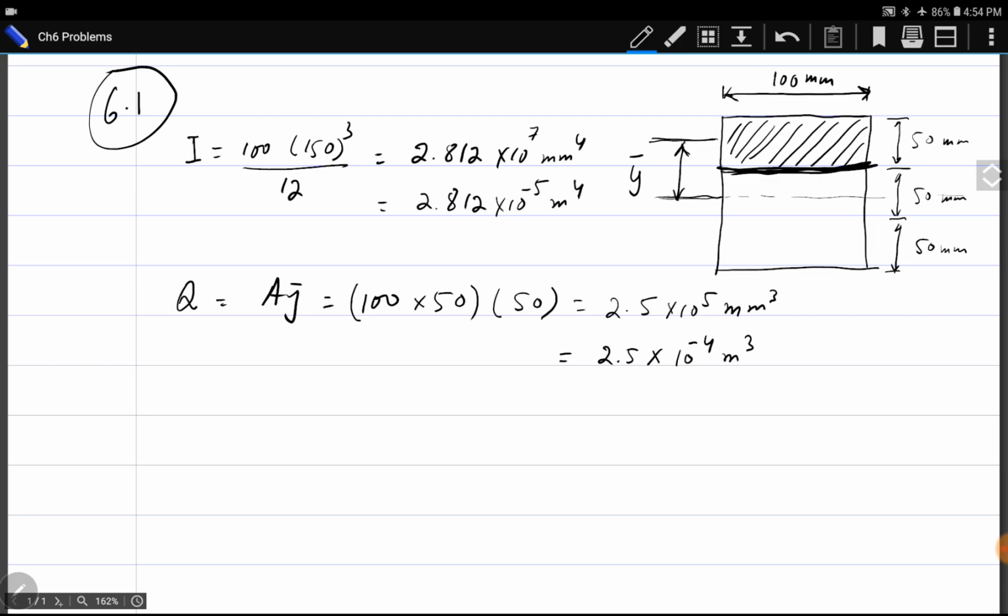Shear flow is equal to VQ over I. V is given to us, it is 1500 Newton. Q is 2.5 into 10 power minus 4, and I is equal to 2.812 into 10 power minus 5.